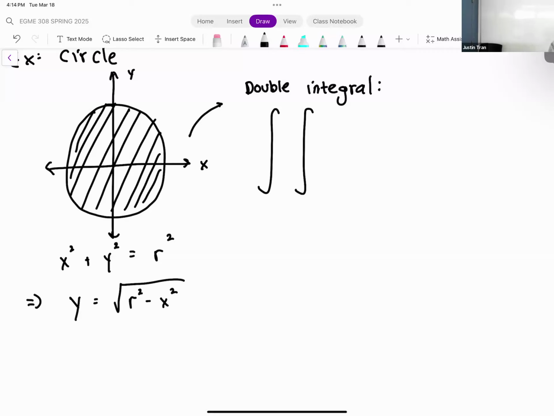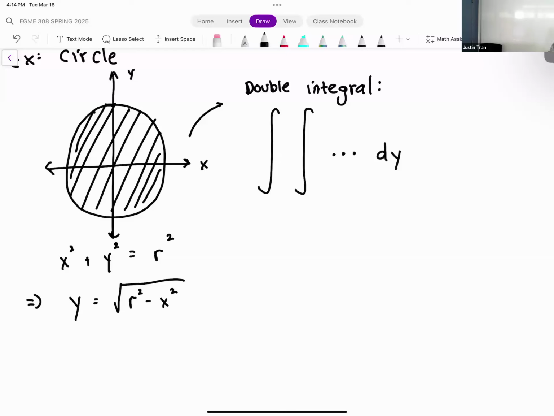Okay, so if you were to do this with a double integral, remember, the way these work is that you're integrating over each coordinate separately. So you're integrating over y first, and then you're going to integrate over x. So y is going to be our inner integral in this case. y doesn't actually go to any fixed value here, unlike the square.